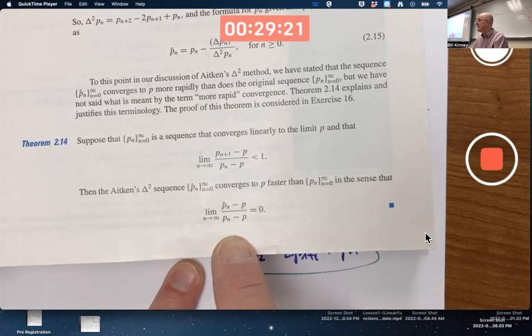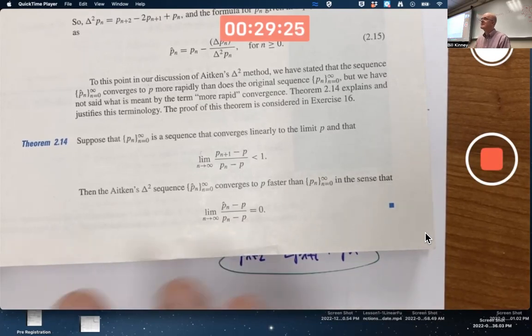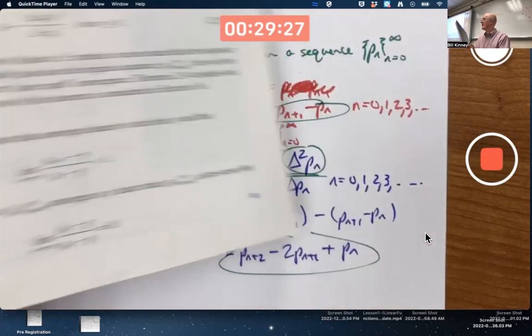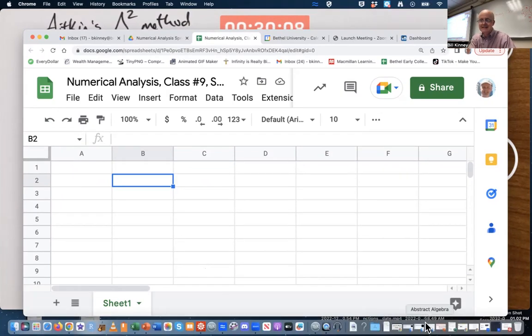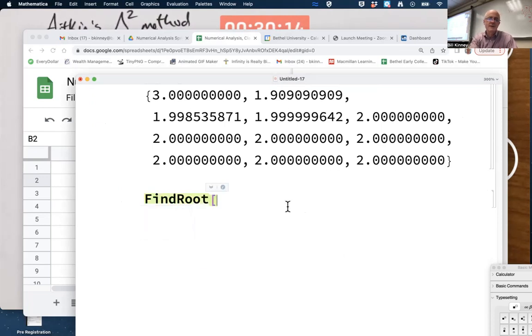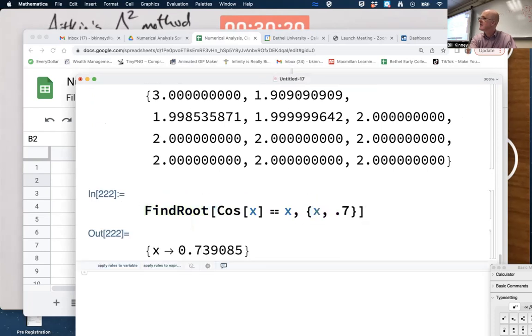Let's just get a little feel for what's going on by implementing this in a spreadsheet. Let's apply it to a situation we're already familiar with, trying to estimate a solution of the equation cosine of x equals x. What was the solution of that equation again? It was close to 0.7, 0.739085.